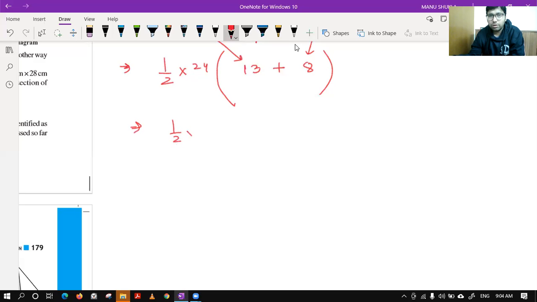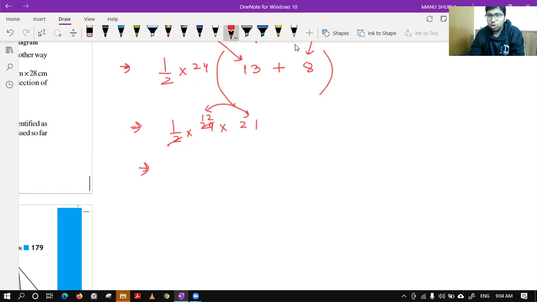So half into 24 into the sum of these two sides is what? 13 plus 8 is 21. Now you can solve this. 2 12s are 24 and multiply 12 and 21.